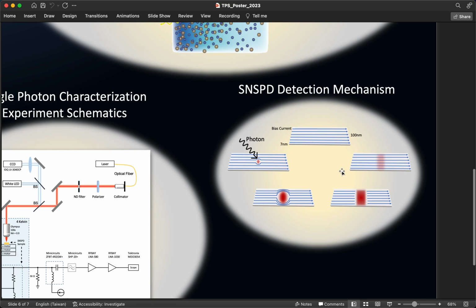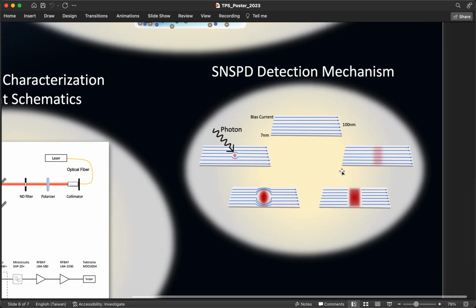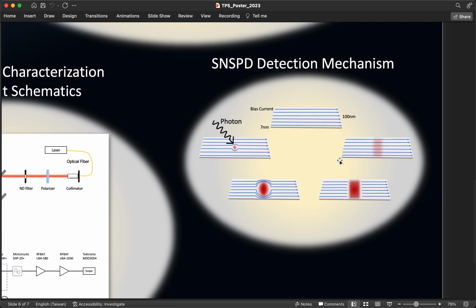So we would like to use the SNSPD detector. It is a superconducting detector, and the working mechanism is shown on this plot.